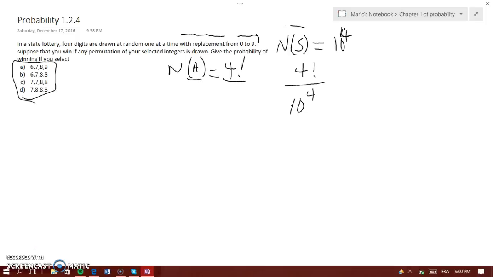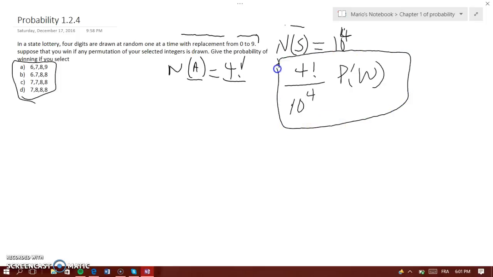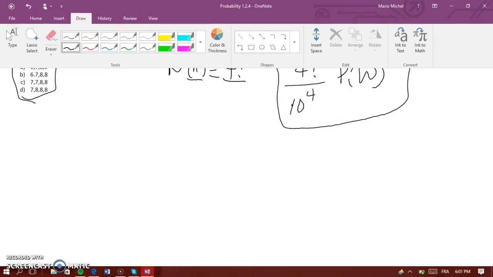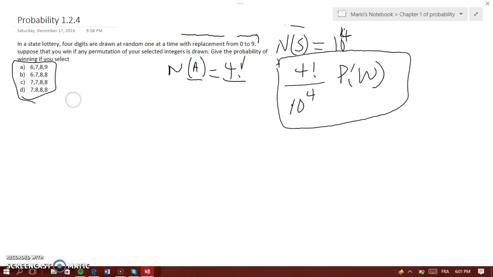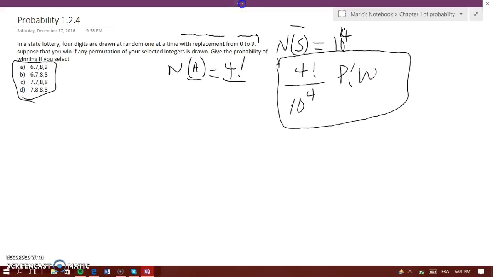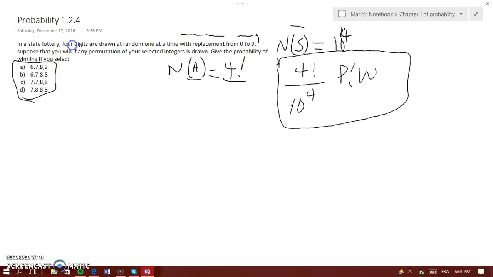This is the probability of winning, WA, for A, which is 6, 7, 8, 9.